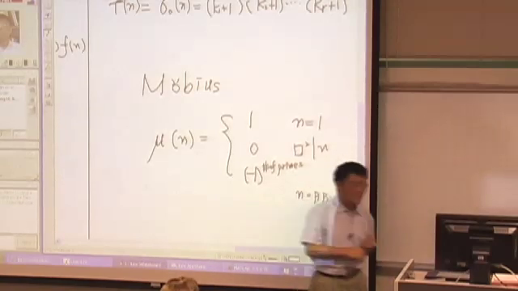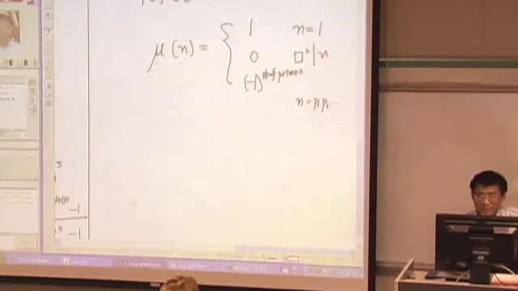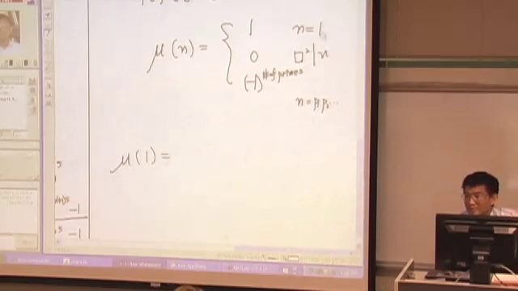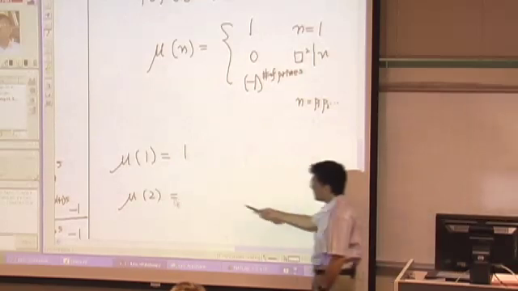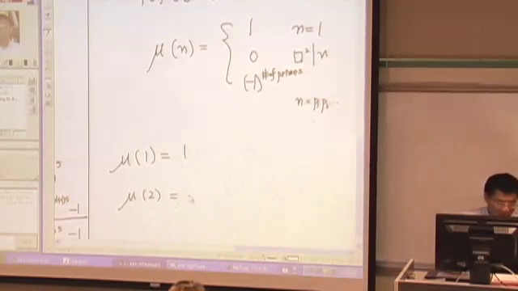To clarify the definition, I will give you an example. What is mu of 1? By definition, mu of 1 is 1. What is mu of 2? The distinct prime creating this number is just 1 prime. So minus 1.